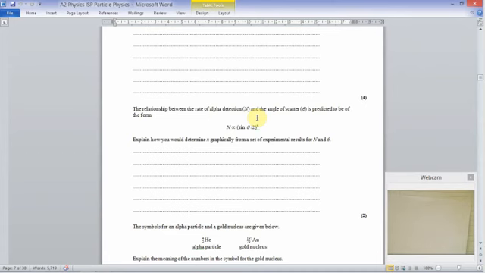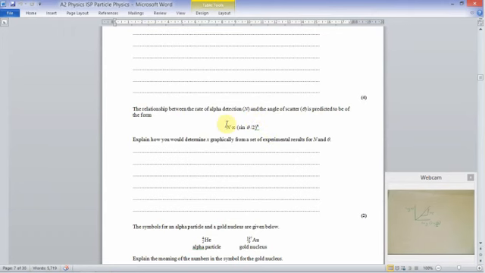So if you had a log-log graph, with log of n against log of sine theta over 2, then the gradient of this should be equal to x. So whatever that graph looked like, the gradient of that would be x. Whenever you're trying to find a power, you need to do a log on both sides.